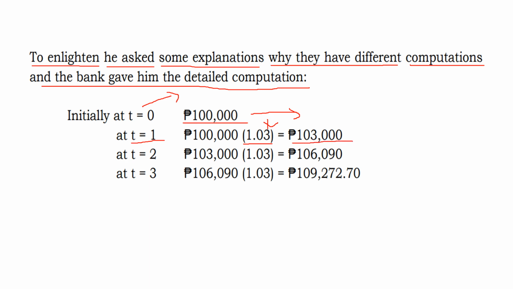103,000 pesos. After 2 years of applying, then we apply 1.03 again, then it becomes 106,090 pesos. After 3 years, 106,090 multiplied by 1.03, and it becomes 109,272.70 pesos as the final amount that Michael can get after 3 years, once he decided to deposit his money to this bank.